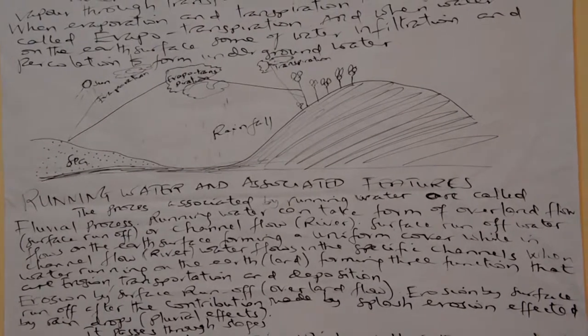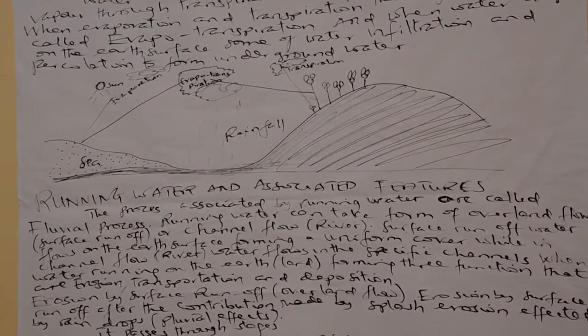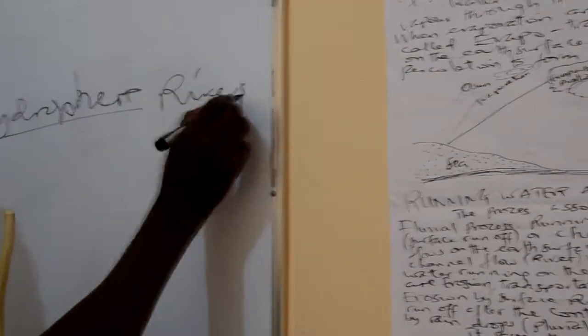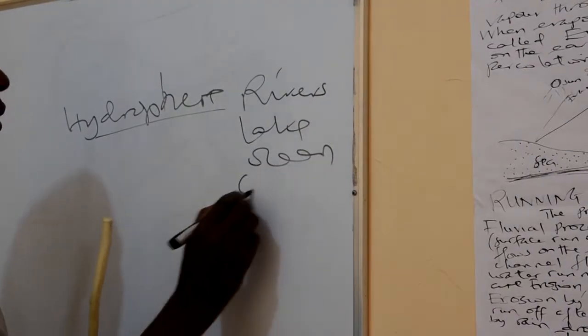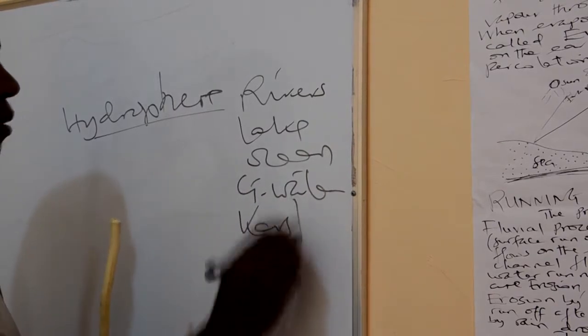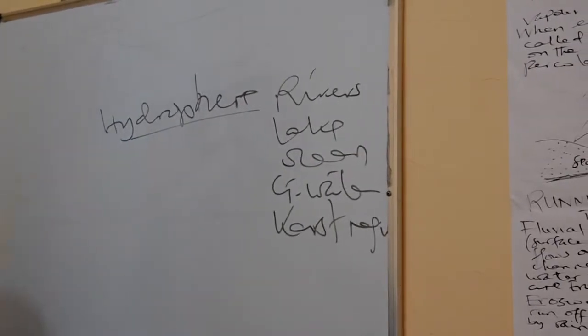Therefore, here we are describing a lot of subtopics. For instance, we will describe the river system, types of rivers, lakes, oceans, groundwater, coastal regions, and others of the same nature. Running water and associated features.